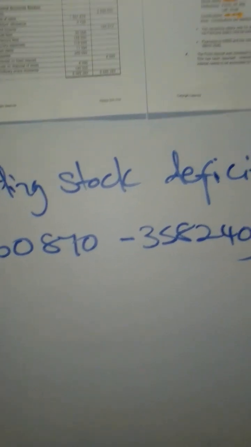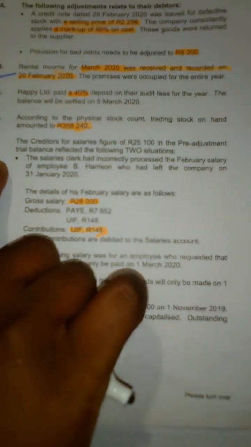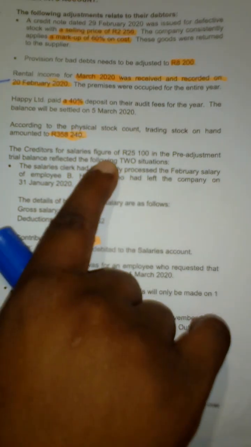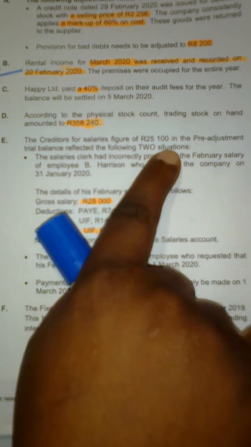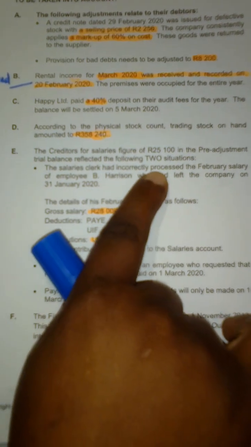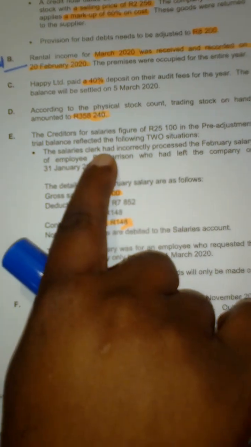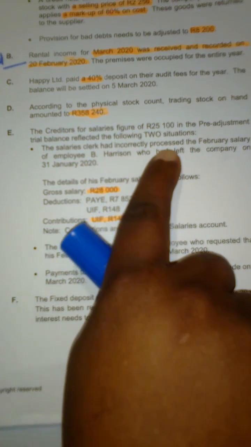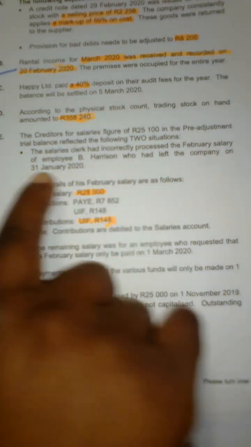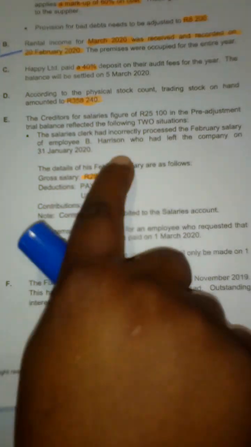Let's move on to E. Adjustment number E is saying the creditors for salaries figure of 25,100 in the pre-adjustment trial balance reflected the following two situations. The salaries clerk had incorrectly processed the February salary of employee B. Harrison, who had left the company on 31st January.